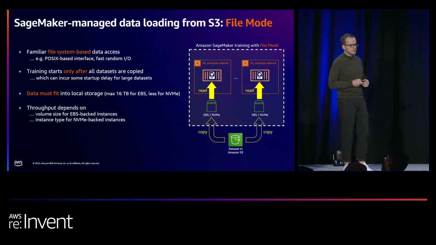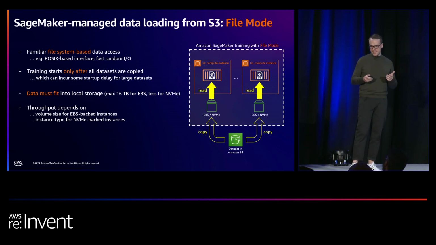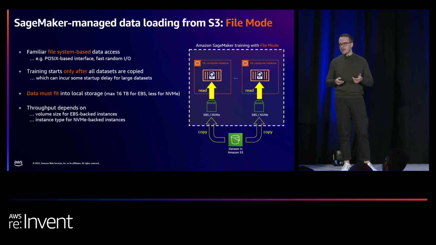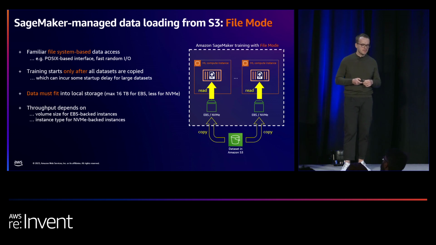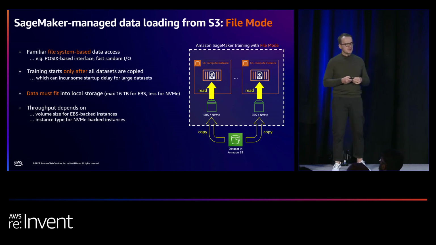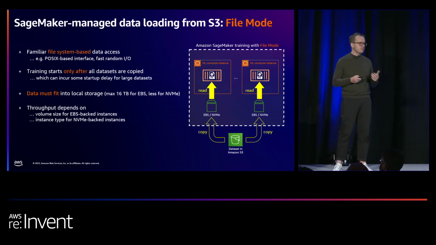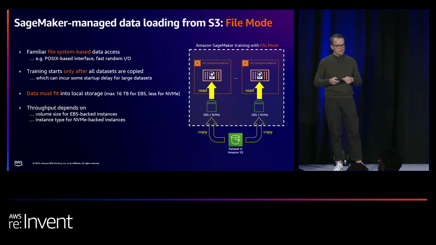However, the downside of this is that your data set will be downloaded upfront, which can incur, in some cases, some startup delays, especially if your data set is large or is comprised of a large number of small files. Another consideration to have in mind is that your data must fit into the local instance storage.